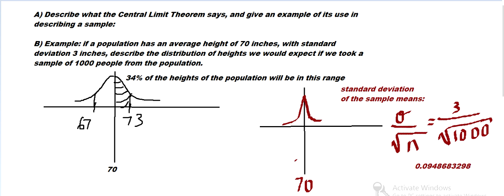So if we take a random sample of 1,000 people, instead of 34% on average being between 70 and 73, we'd expect 34% to be between 70 and 70 plus one standard deviation, so 70.0936. So it's going to be very tight around 70.